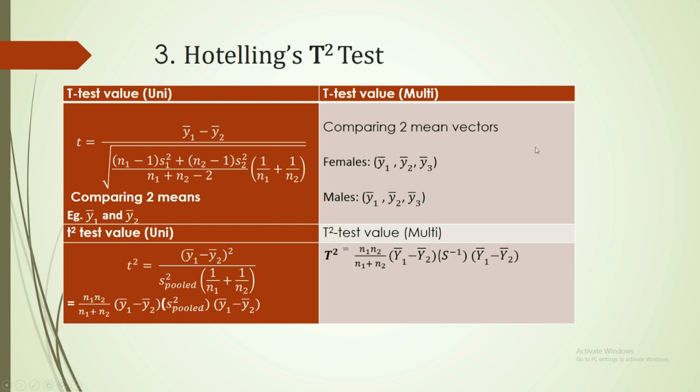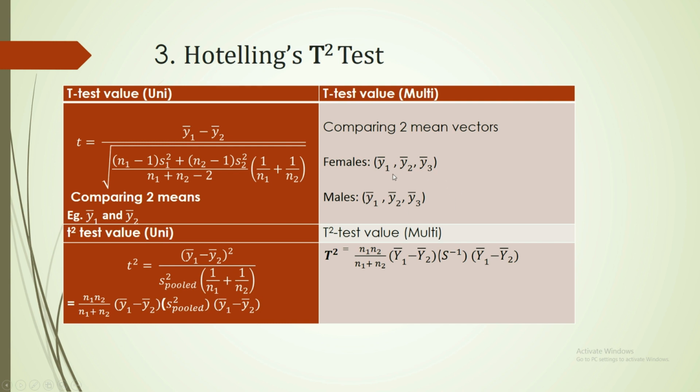But for the multivariate analysis, we are not trying to compare two means that are just two numbers. We are trying to compare two means that are two mean vectors. So in the multivariate case, we have several outcomes. Let's say in this case we have three outcomes, that is y1, y2, and y3, and we have the same right here.